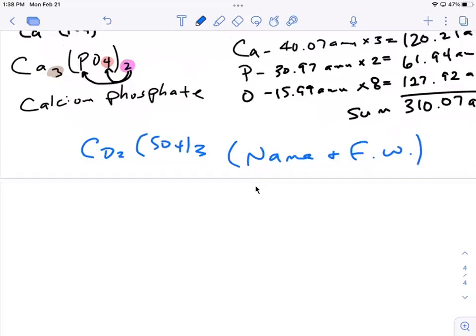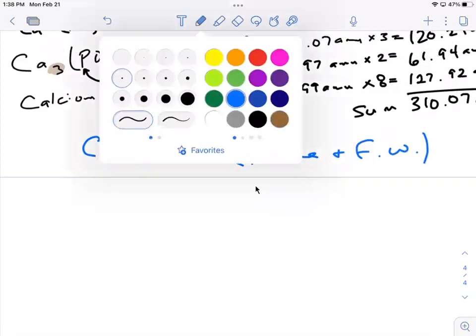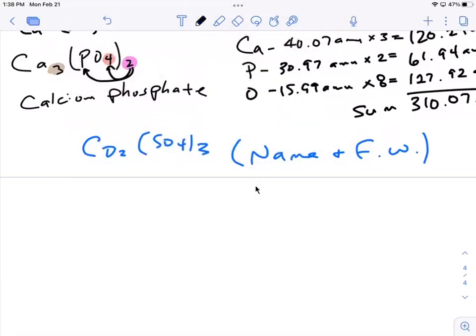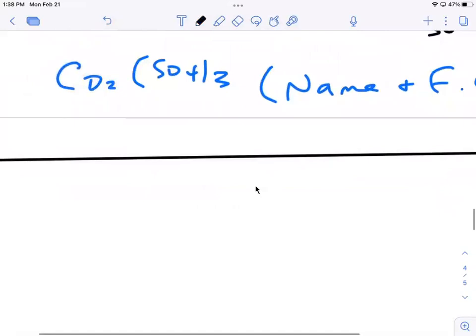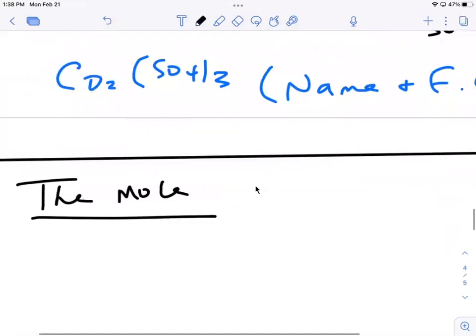All right. So now let's go ahead and switch gears, and we're going to talk about the mole and what it is. Right.